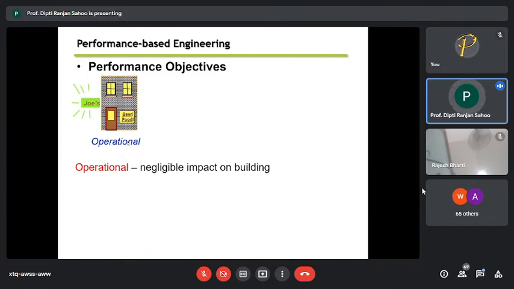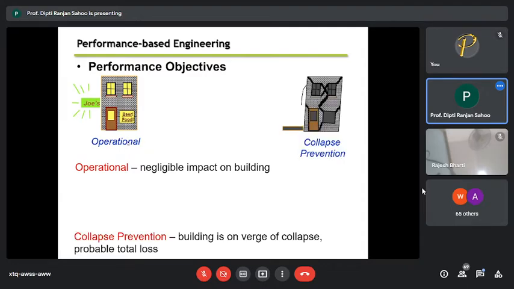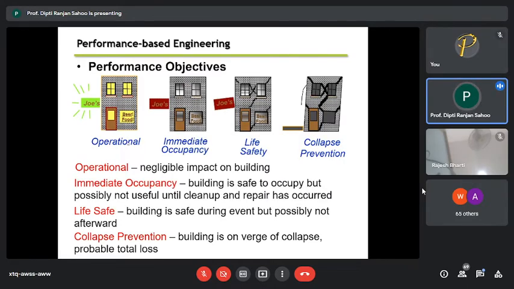So performance objectives are again related to the hazard and the performance. There are four things I'm going to mention in terms of structural performance. Operational: everything is intact. Immediate occupancy: probably some non-structural elements are disturbed or damaged, like a glass panel broke, but it doesn't hamper your structure or occupancy level.